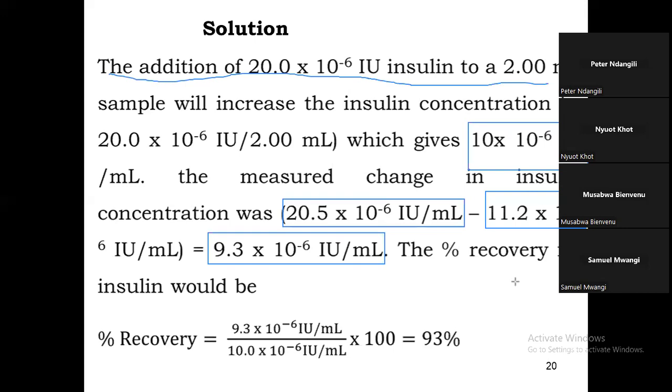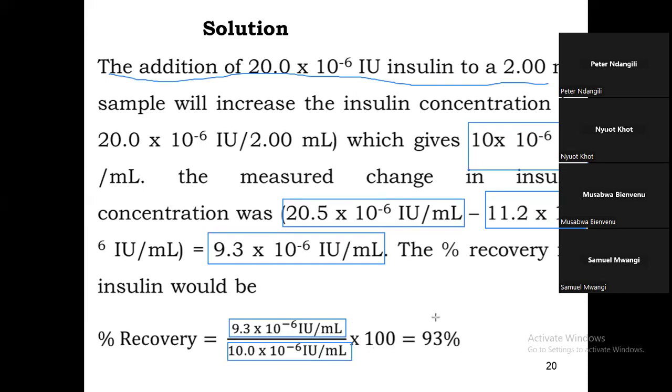The method that we have is able to detect what percentage of the spiked insulin? And then we calculate it by taking the signal that we are getting after spiking, divided by the actual concentration that we spiked, and then we multiply by 100.